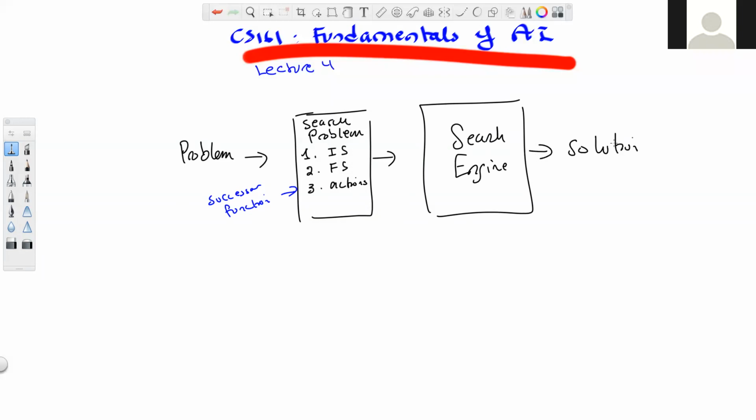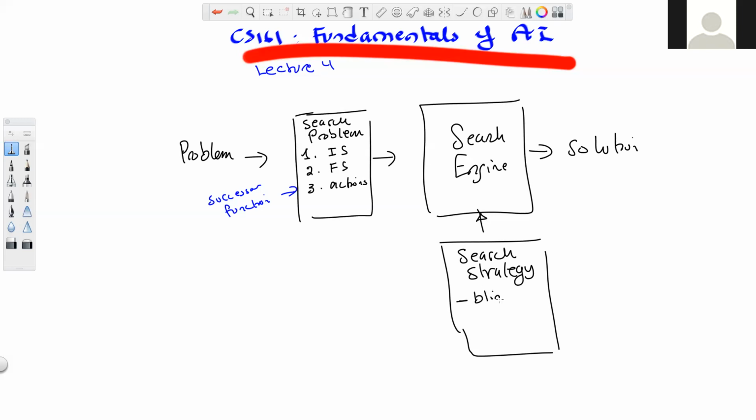The missing piece was, how does the search engine do its work? And there we said, you can pass what we would call a search strategy. And we did mention 2 types or classes of search strategies, what we called blind or uninformed, and then the other class is heuristic or informed search strategies.